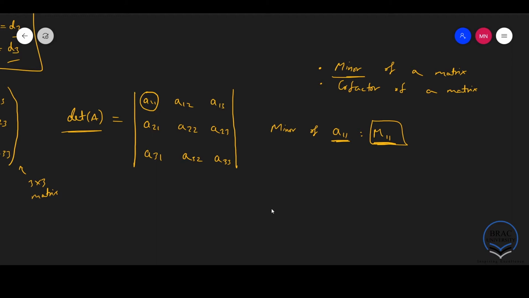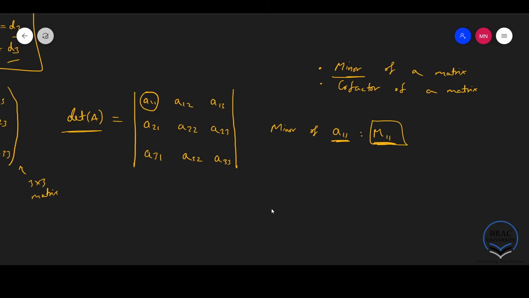And we can find this minor by eliminating all of the entries of the row and column that this entry is on. So this is on the first row and first column. If I eliminate the entries on the first row and then the first column, I am left with these 4 entries, right? So the minor of A11 will just be the determinant of the matrix that contains these entries.